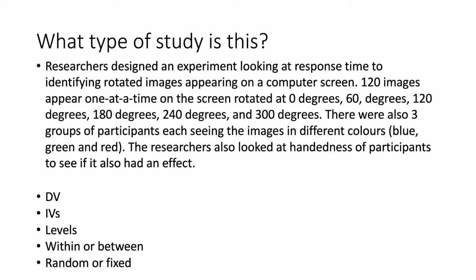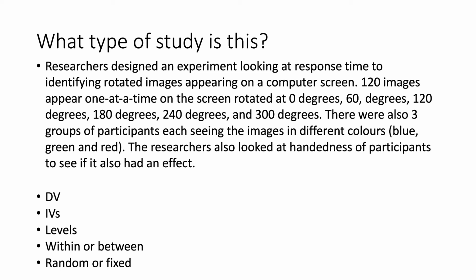So there were also three groups of participants, each seeing the images in different colors. So some saw all of the images as blue, some all of them were green, and some all were red. So maybe the researchers had some idea that the different colors might produce different response times.